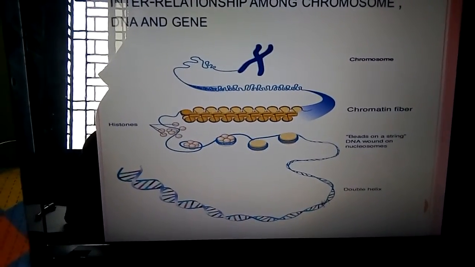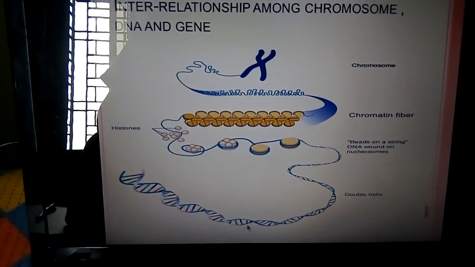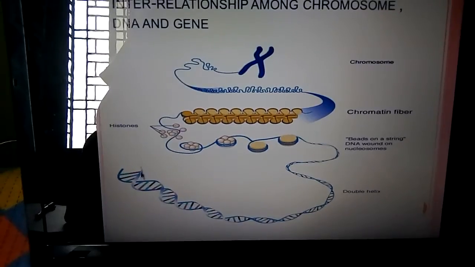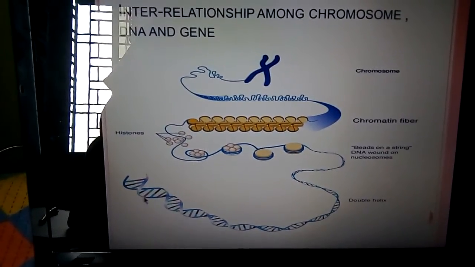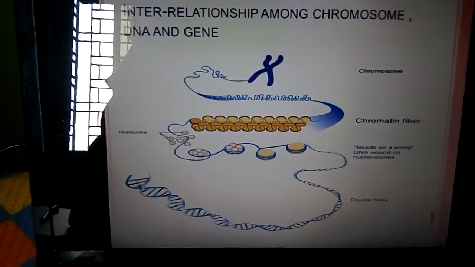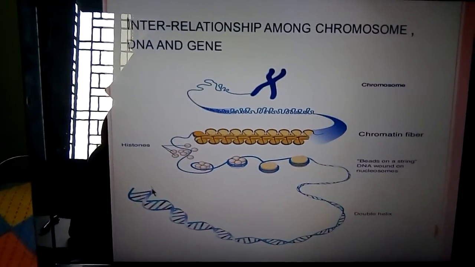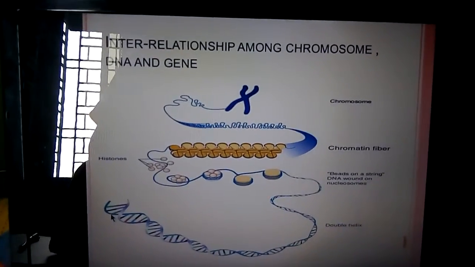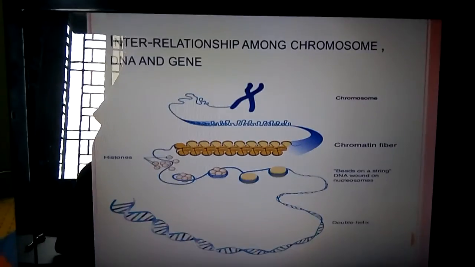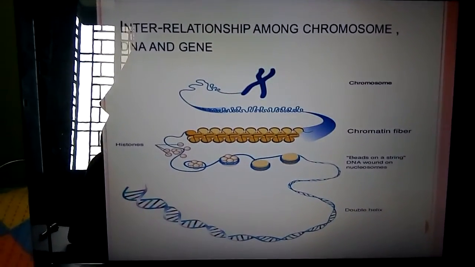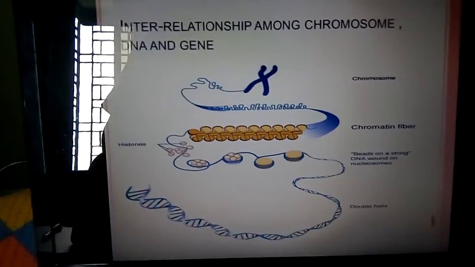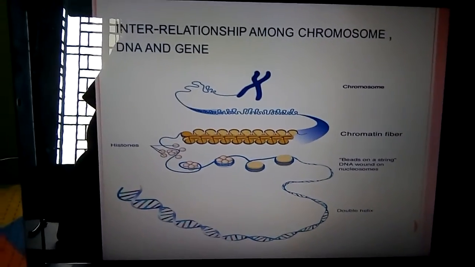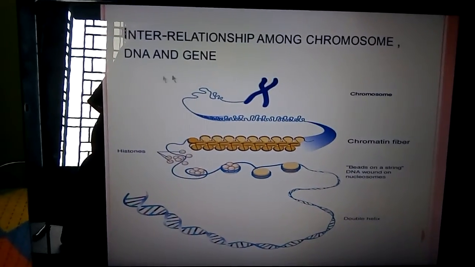So each strand consists of nucleotides, and some of the nucleotide sequences are responsible for expression of certain characters. This is known as a gene. So these are the interrelationships among chromosome, DNA and gene.